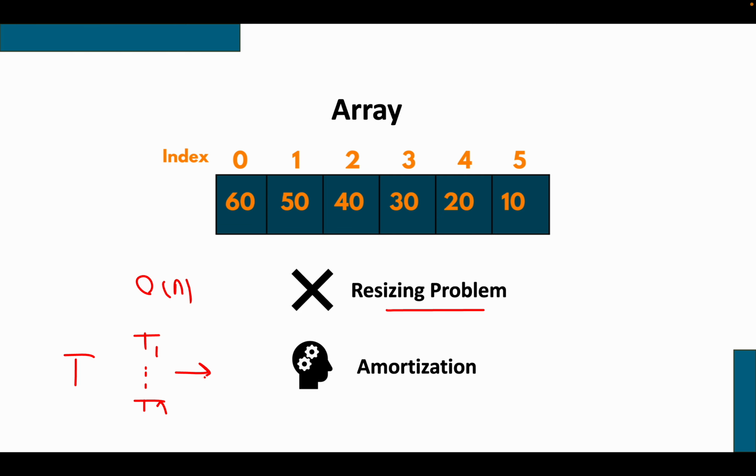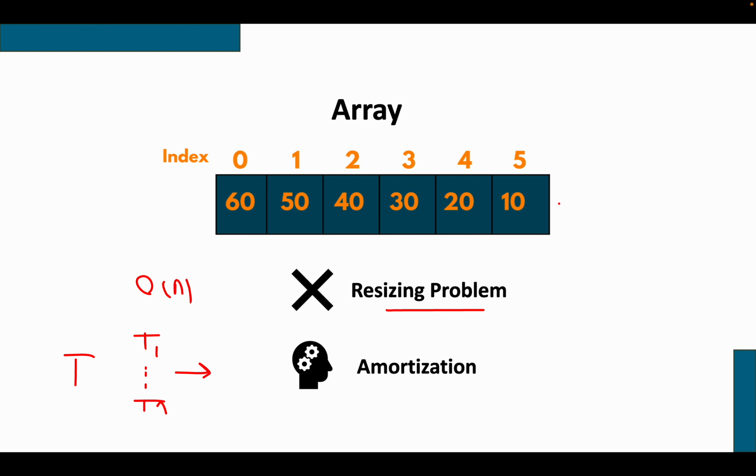And the amortization in the resizing problem is that each time that we want to resize our array, we double the array size. And by this, we can control the resizing problem and the complexity of our algorithm.